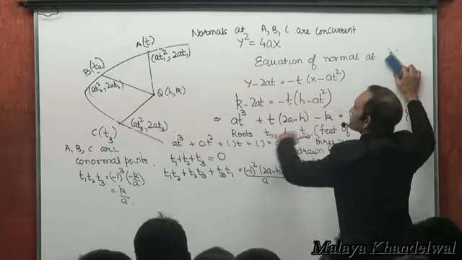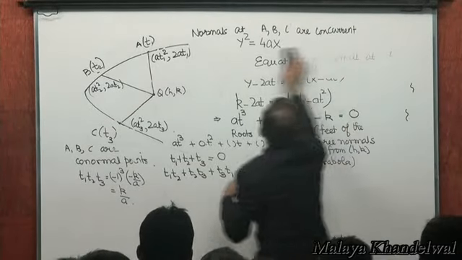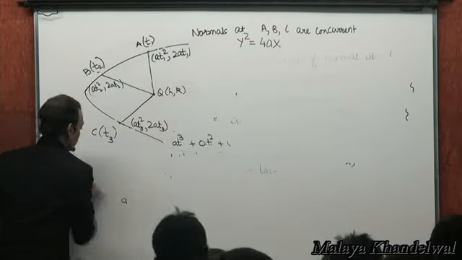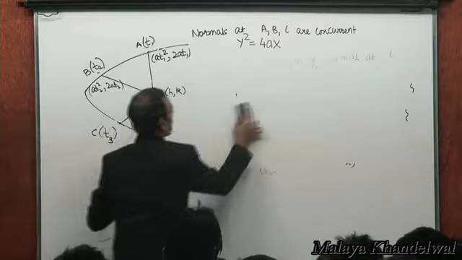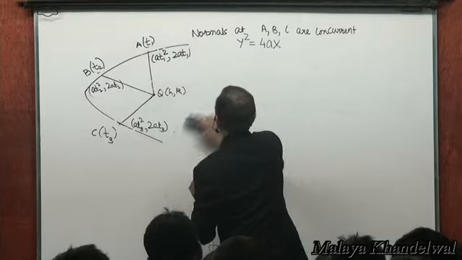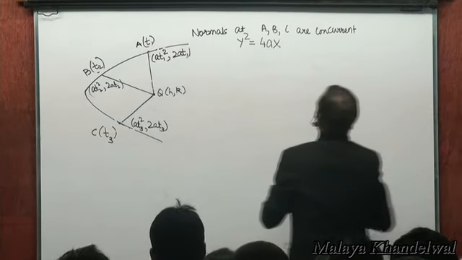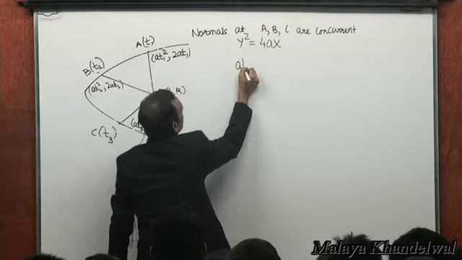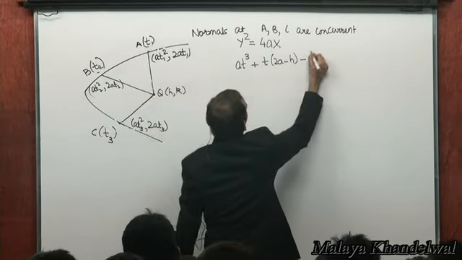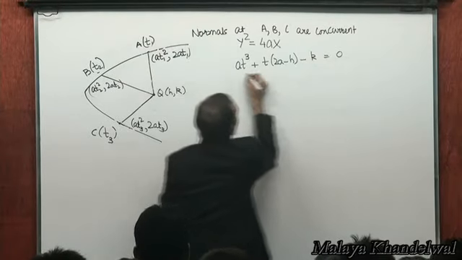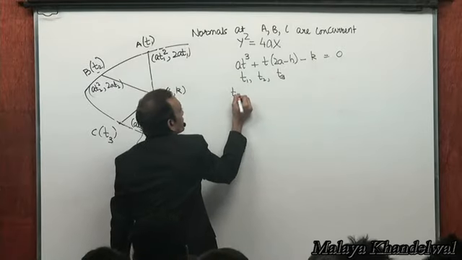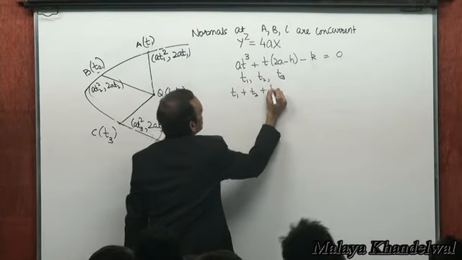Now, can I just remove this for the time being? This a t cubed plus t into (2a minus h) minus k equal to 0, like I told you, has roots t1, t2, t3, where t1 plus t2 plus t3 is 0.